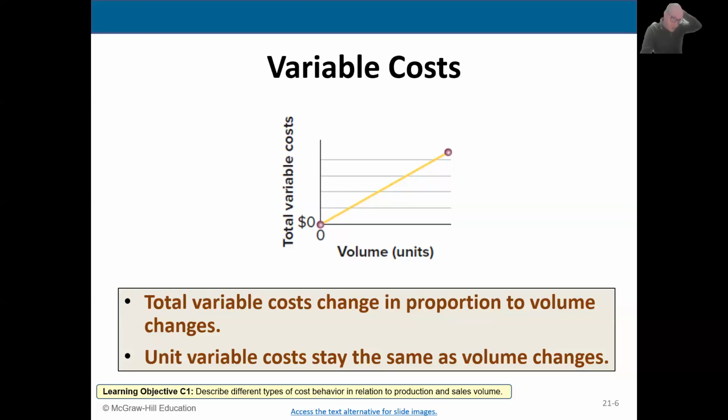Direct materials is an example of variable cost. Direct labor is an example of variable cost. But we know that overhead can be separated into both fixed and variable costs.